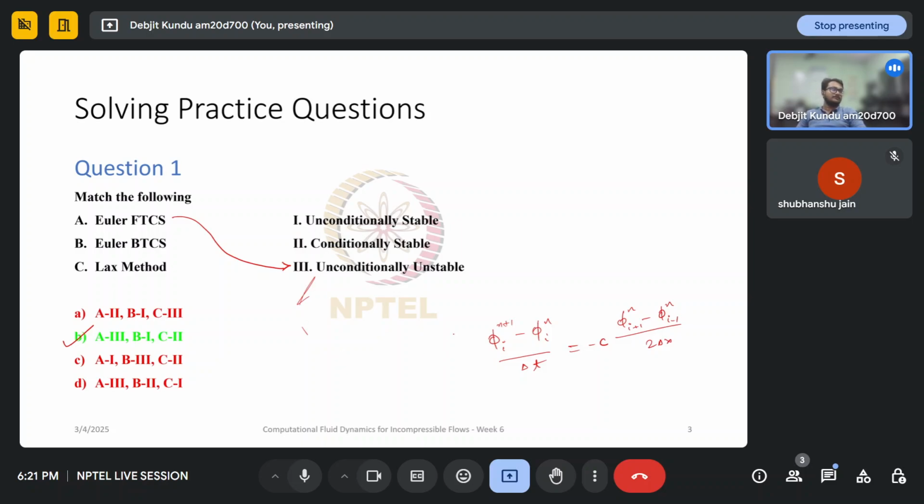Then backward in time, central in space, that's an implicit scheme, and that becomes unconditionally stable. So I'll write that down. n plus 1 and n, both at I, divided by delta t, minus c over 2 delta x.